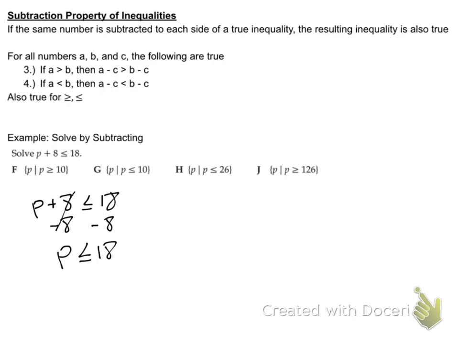That's not 18. What's it supposed to be? 10. You need to figure out which one of them is the correct set notation. So, P is less than or equal to 10 is the limitation, right? That's generally the back of it.